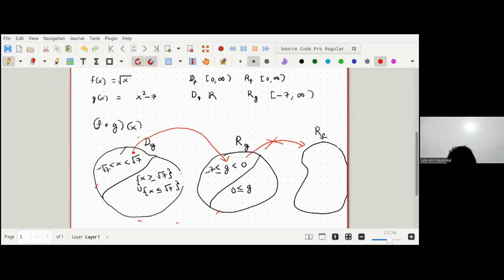Ang domain ng f is positive and 0 only. Ngayon, tingnan natin yung nandito naman sa interval na x greater than or equal to square root of 7. So ito, okay lang. Imamap ito.